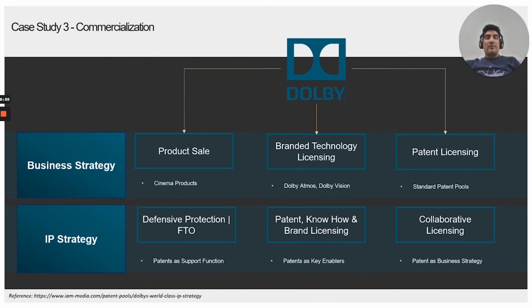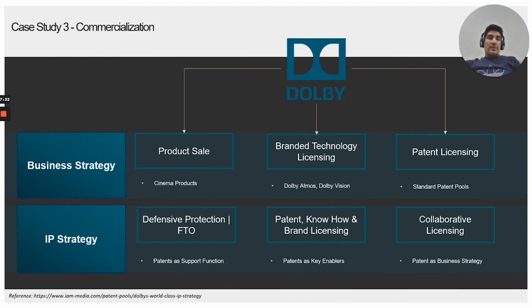You need to be very sure of the right mix of patents and trademarks, because it's going to be your brand. People are going to understand that if Dolby is there, there is going to be good sound quality. So you have to protect your brand. You have to copyright your licensed software, whatever you're giving to them, because these are your enablers.